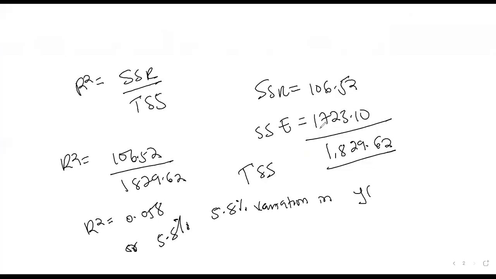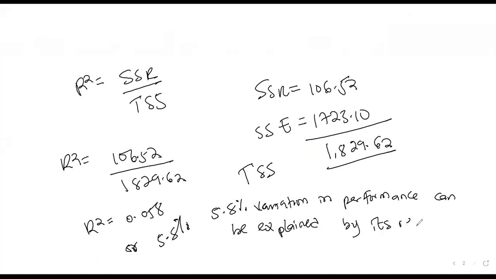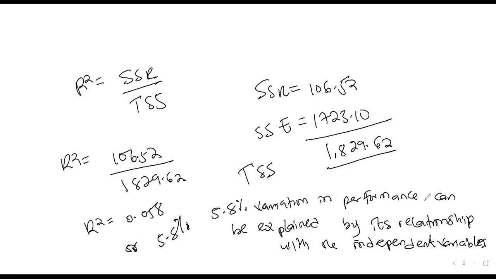So a 5.8% variation in performance, or in the dependent variable, can be explained by its relationship with the independent variables, right? That's how we interpret the R square.